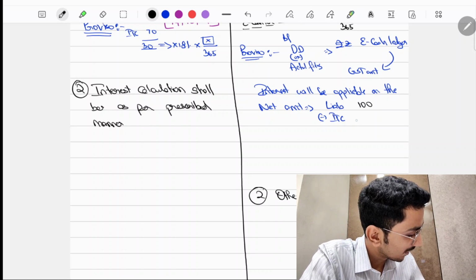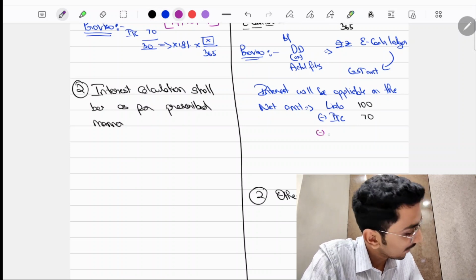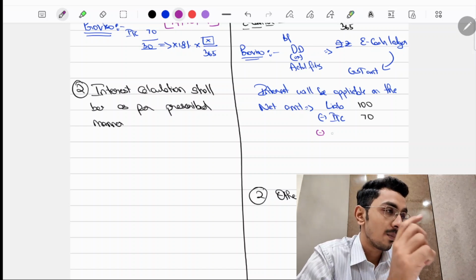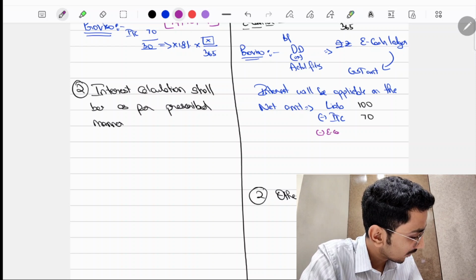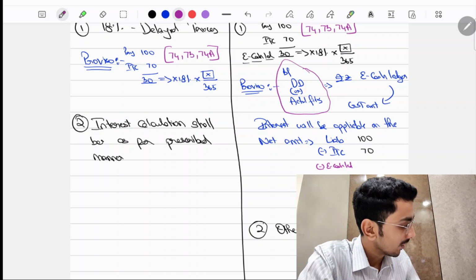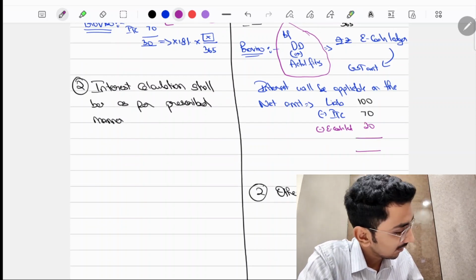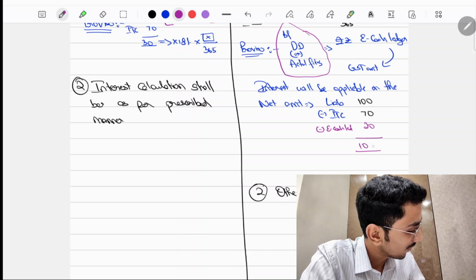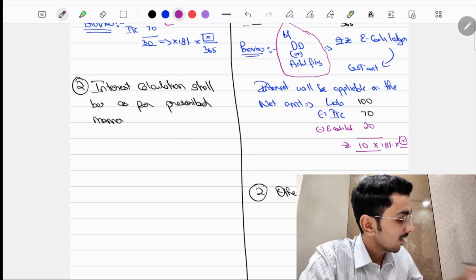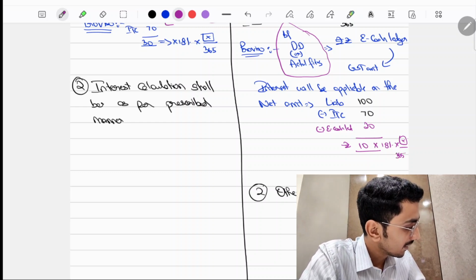For example, 100 rupees liability is there, 70 rupees we have as credit, and subject to this condition, before the due date or actual date of filing, we have deposited, for example, 20 rupees. In this case, we just have to pay interest on rupees 10. We do this calculation at the rate of 18% multiplied by number of days from the due date till the actual date of filing, divided by 365 days.